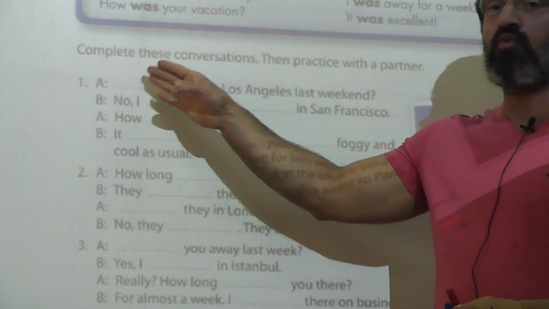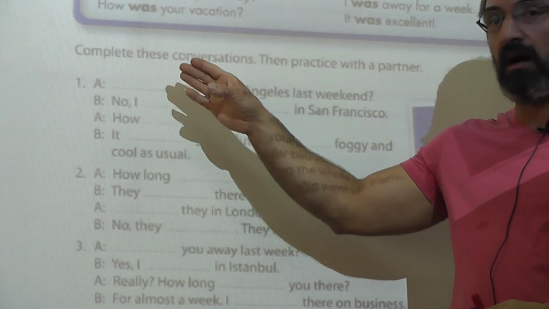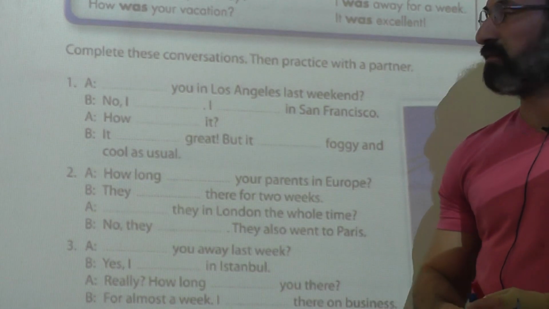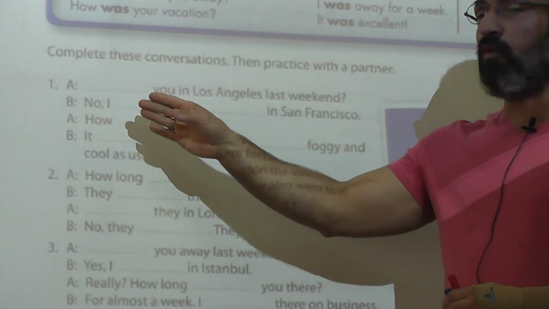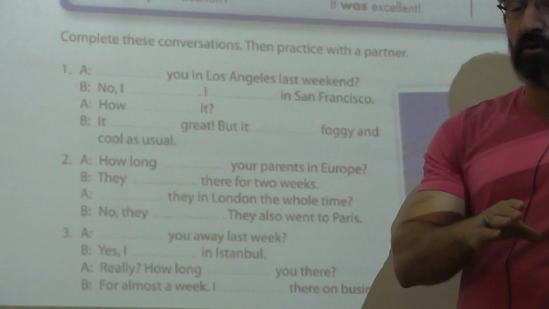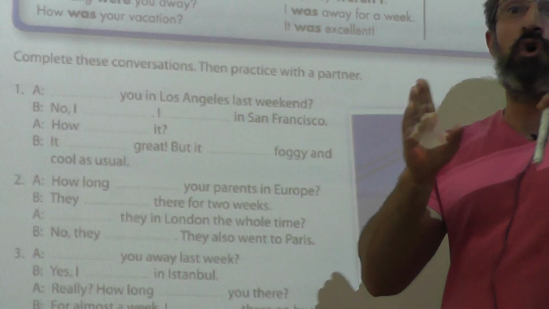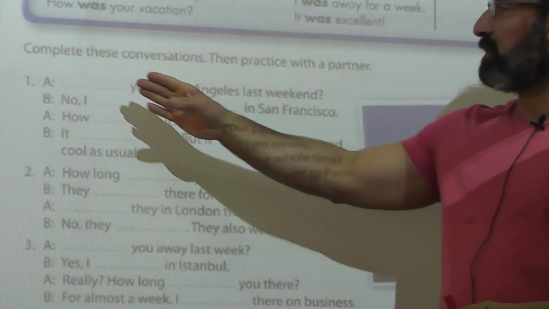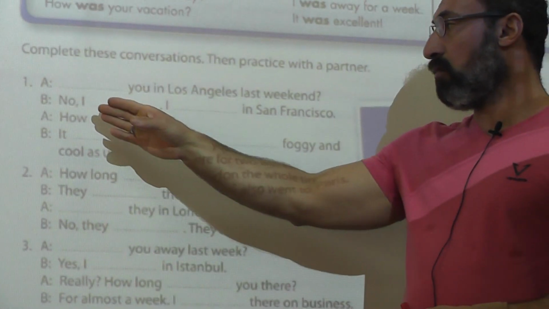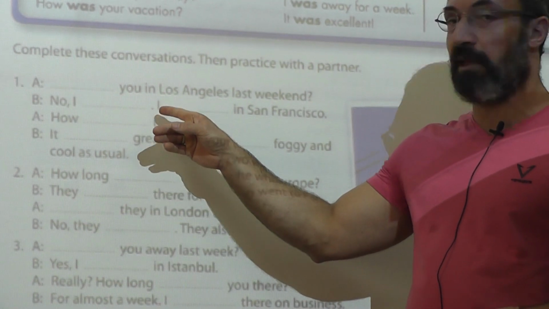So here it's were, W-E-R-E. No. What about the rest of my answer? No what? No I. Is it no I weren't or no I wasn't? Of course, no I wasn't. So, again, were you in Los Angeles last weekend? No, I wasn't. Here we have a period.